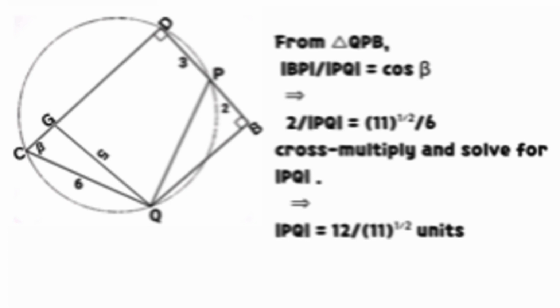It implies that 2 divided by PQ equals the square root of 11 divided by 6. Cross-multiply and solve for PQ. It implies that the length of line PQ equals 12 divided by the square root of 11 units.